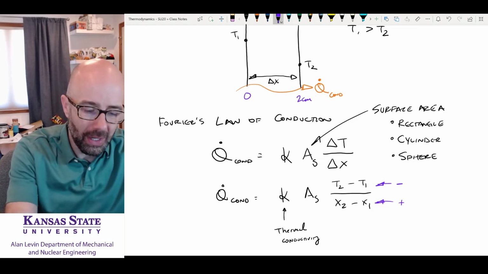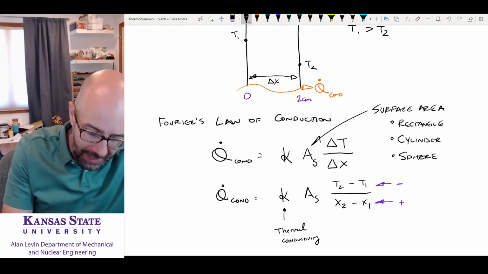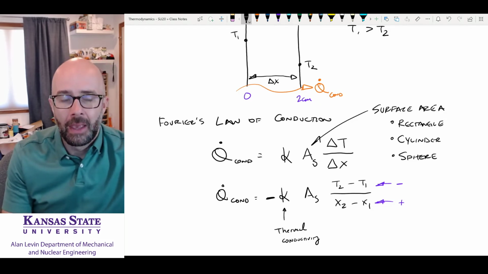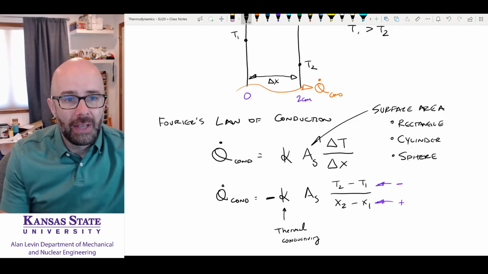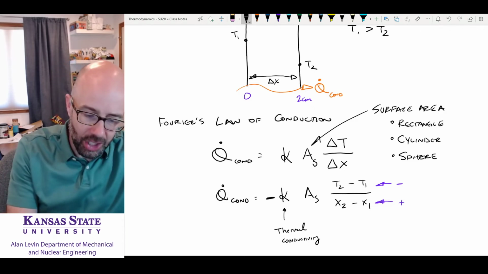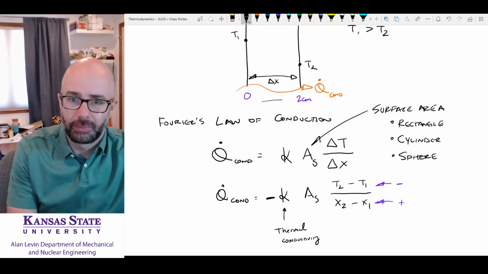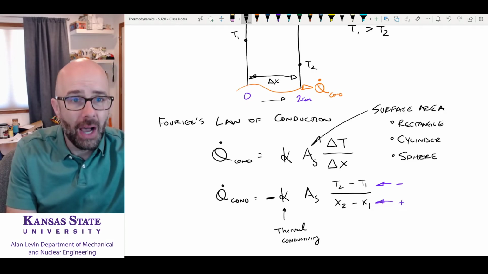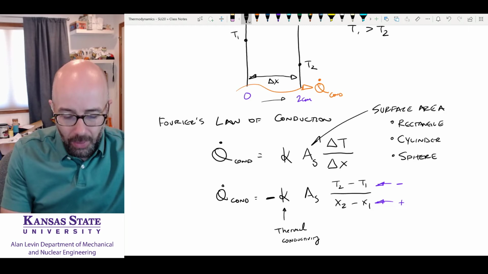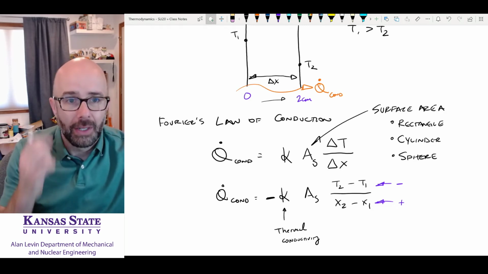We don't want to think about conduction as being negative, so we put a negative sign out in front of this. The negative sign helps flip the sign, so we can say the conduction is going in this direction, and that's going to be positive. We have this negative sign to flip the sign that we have in our delta T.